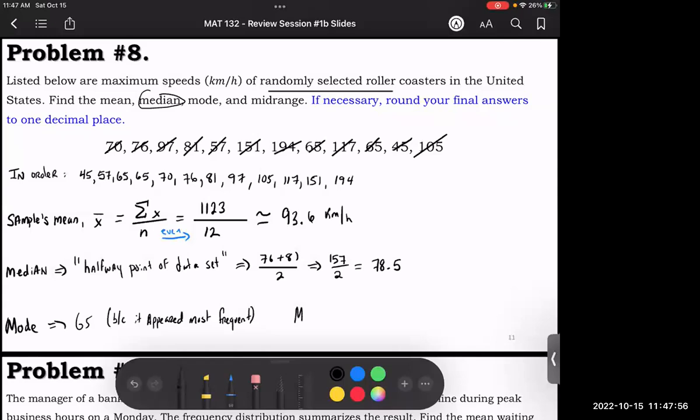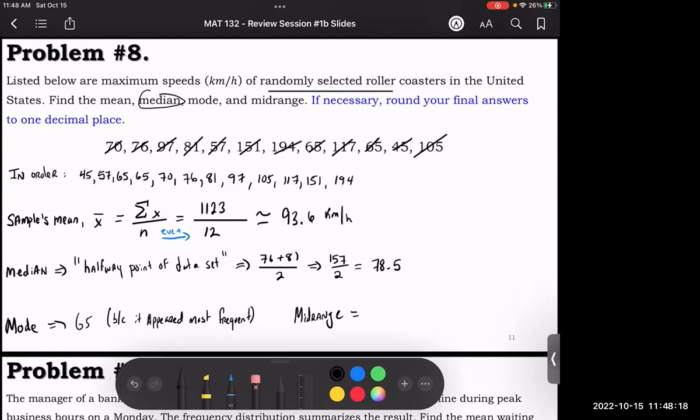And what about the mid-range? Anybody know how to compute mid-range? Is that the highest value subtracted by the lowest value divided by 2? Close. You see, the mid-range is a rough estimation of the middle.